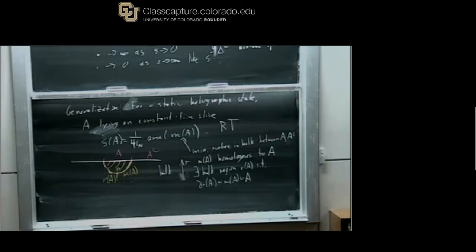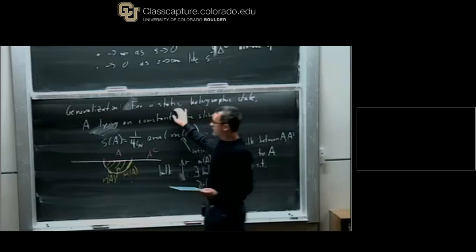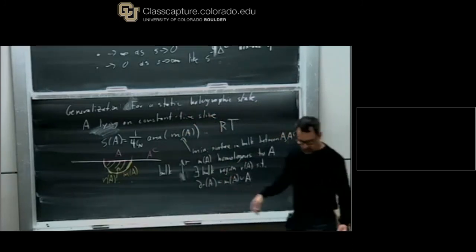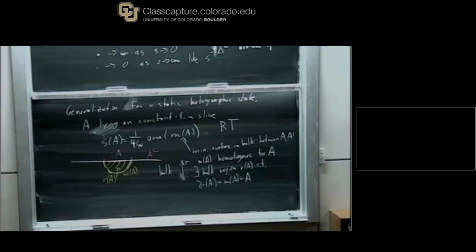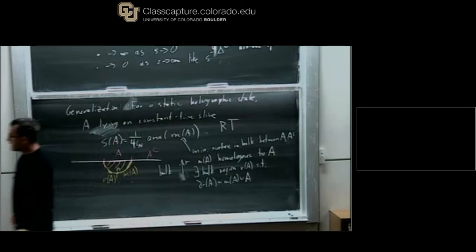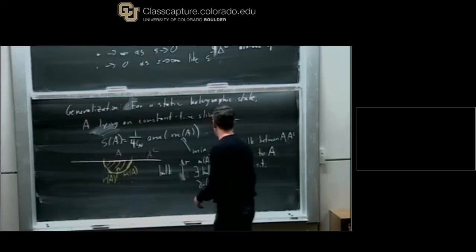Now, in the more general case, when we don't have this, there's a generalization of RT by Hubeny, Rangamani, and Takayanagi called the HRT formula, which basically says that this is the minimal extremal surface.